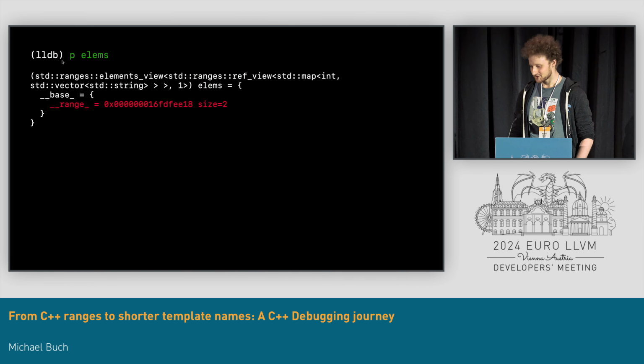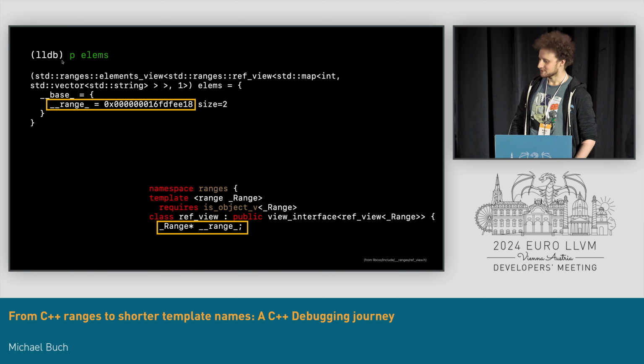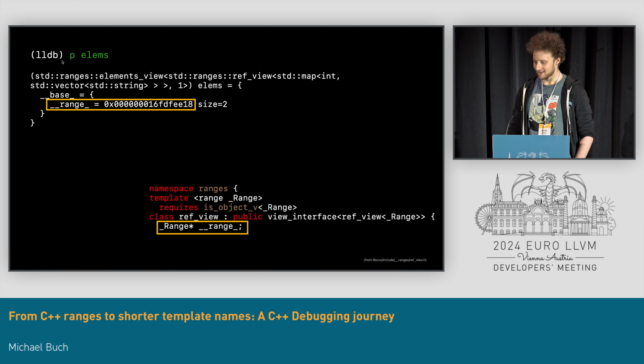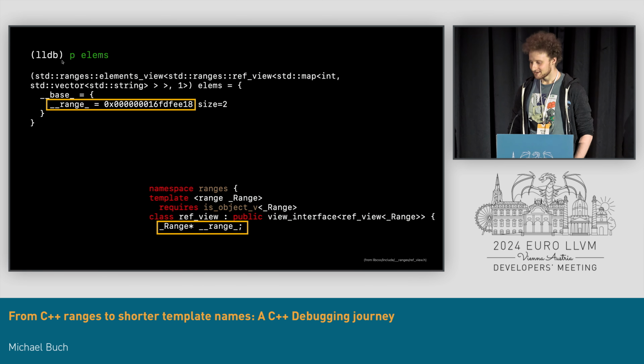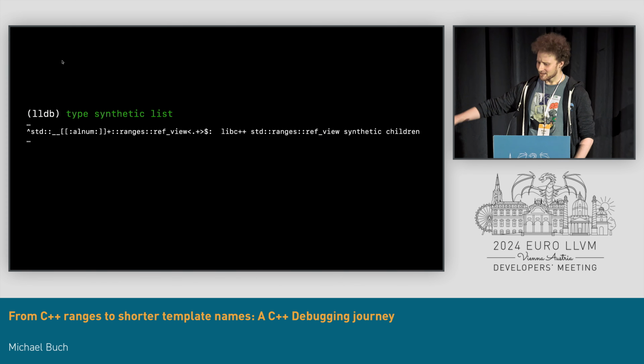But there's this one thing left, which is that the underlying range isn't very descriptive. If we have a look at what this __range actually is in libc++, it's really just a pointer to some underlying range. And because LLDB has the capability of formatting the children of a type with custom data formatters, that's what we did. Here's a command to get the list of built-in data formatters for LLDB.